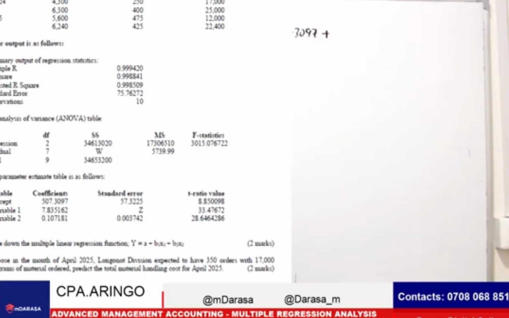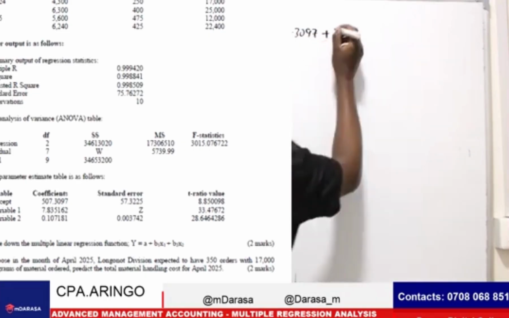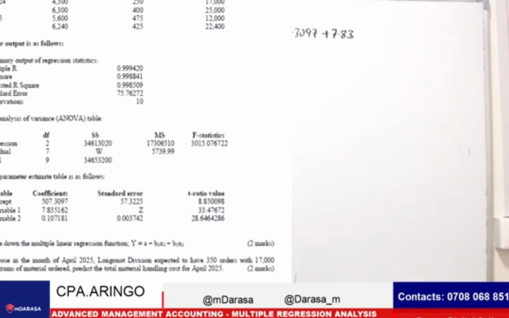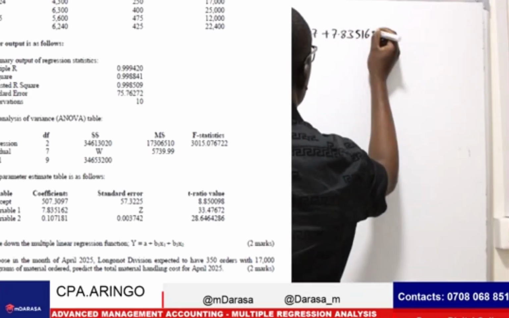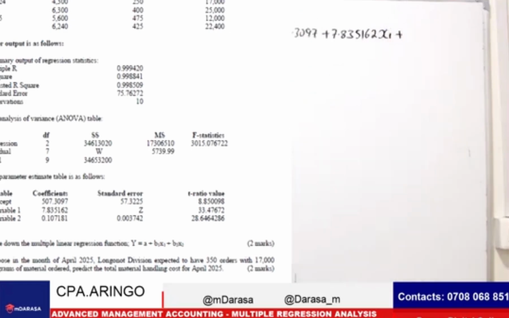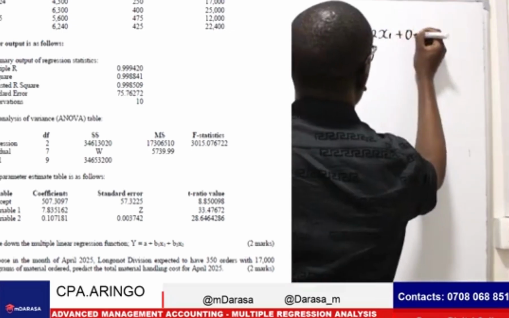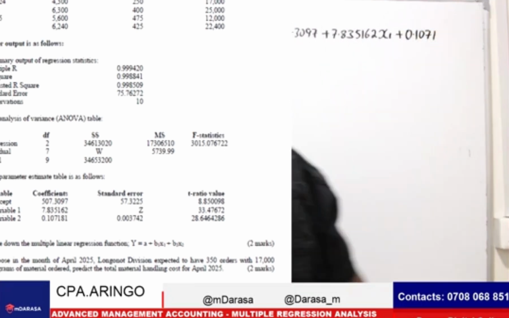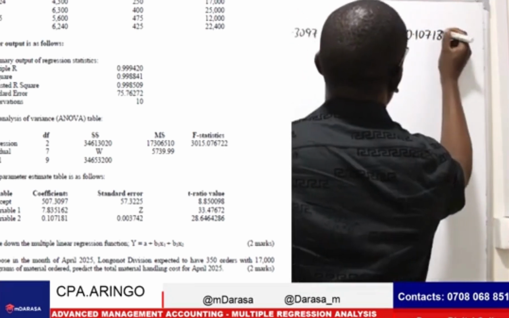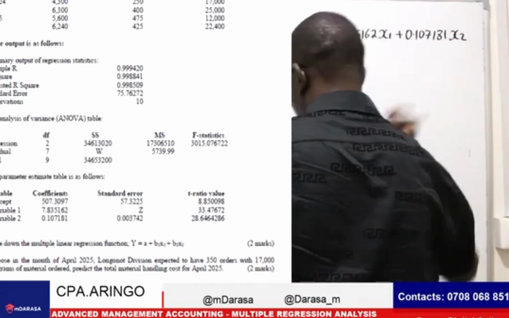To be consistent, we have 7.835162 x1. We add 0.107181 x2. See?